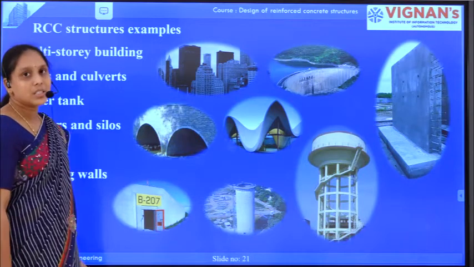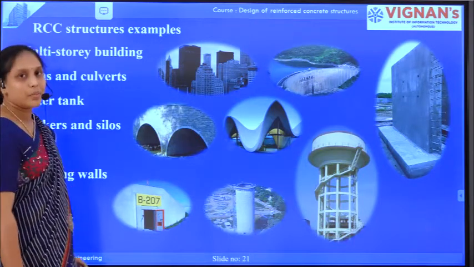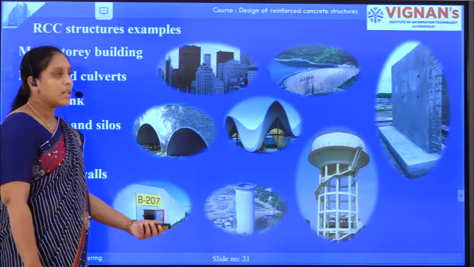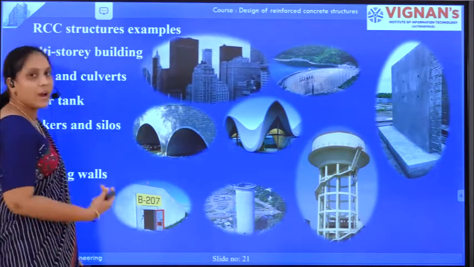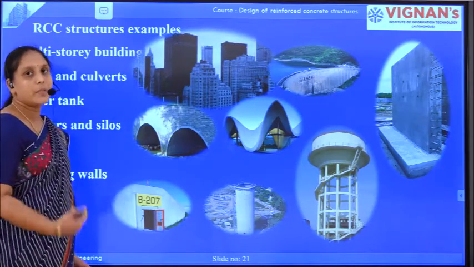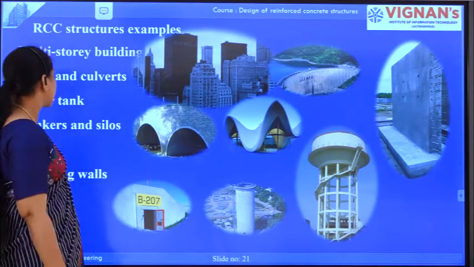Here are examples of RCC structures. You can see we have multi-storied buildings constructed with RCC.